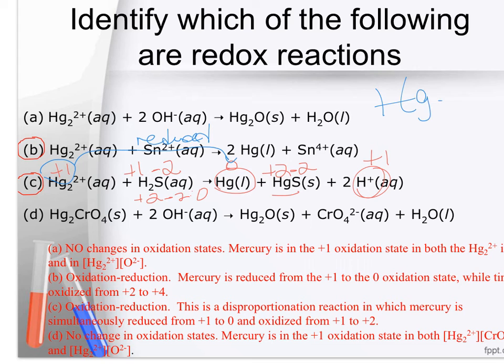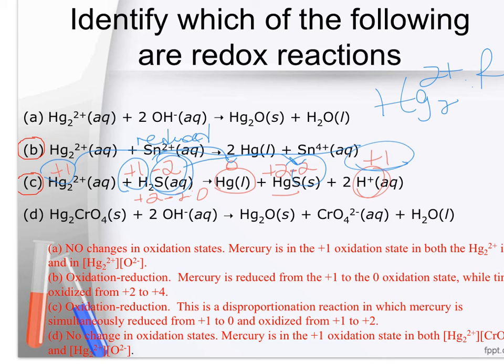This species has been reduced. And hydrogen starts at +1 and ends up at +1, so hydrogen has not changed. Sulfur goes from -2 to -2. It has stayed the same.